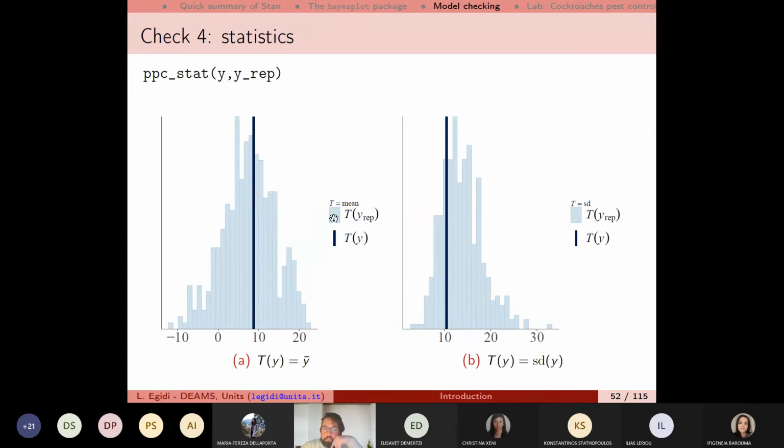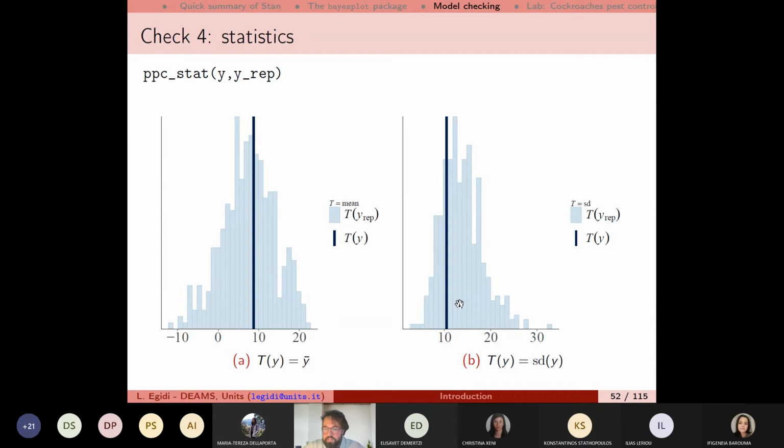I can choose, for instance, the mean and the standard deviation. Again, the histogram is plotting the mean of all the replicated vectors, and the blue line is the mean of the observed vector. So how can you interpret these histograms? Whenever your observed statistic falls within the histogram, you have signals to think that your model is fitting your data well.